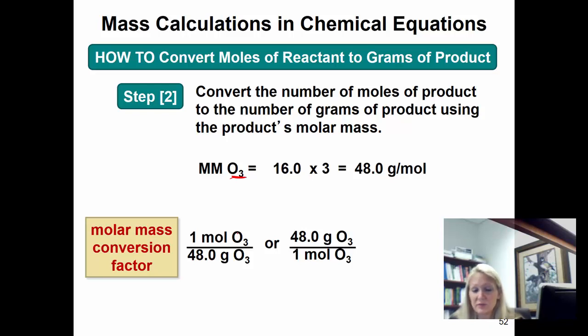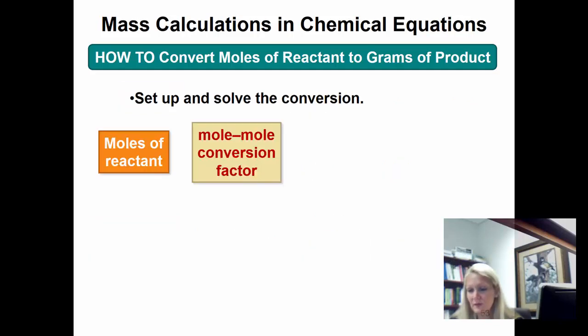So we have 2 ratios here. This is our molar mass conversion factor. We have 1 mole for every 48 grams, or 48 grams for every 1 mole. We're going to need this ratio so that it plugs in, so that our moles will cancel. So we take our 9 moles.